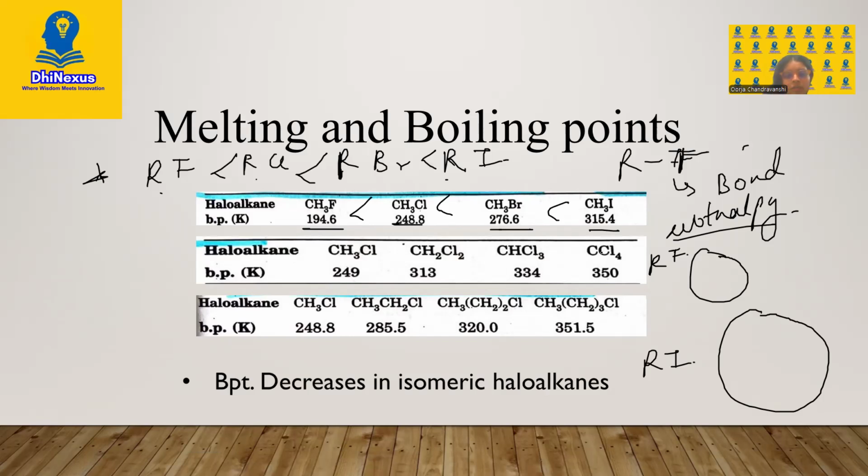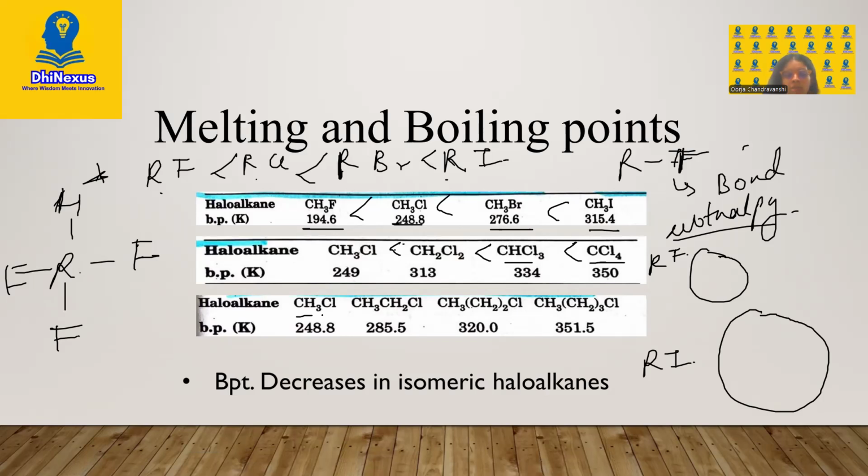Suppose now I have the same alkyl group and I'm just changing the number of halogens. In one case, I have CCl4, CFCl3, and so on. Again, the one which has more halogens will have the higher boiling point, reason being that the halogen forms stronger bonds with the alkyl group as compared to hydrogen.